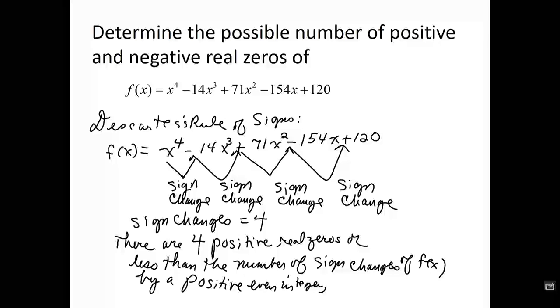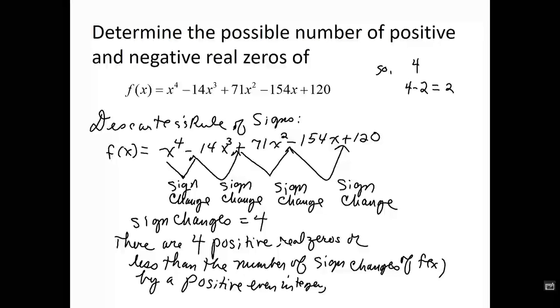So what does that mean? We have a total of 4 changes. So there are either 4 possible real zeros or 4 minus 2, because we said the number is less than the number of sign changes by a positive even integer. So this would be 2. We began with 4, so I reduce it by the positive even integer 2.